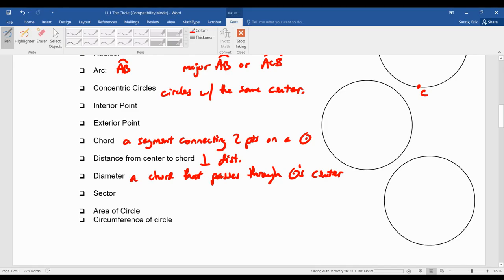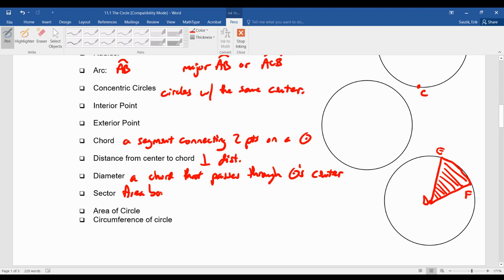Okay, the next thing, my dot there is back. Next thing is a sector. So a sector is a portion of the circle and its interior. So if I call this D, E, F, a sector is like a piece of pie, okay?